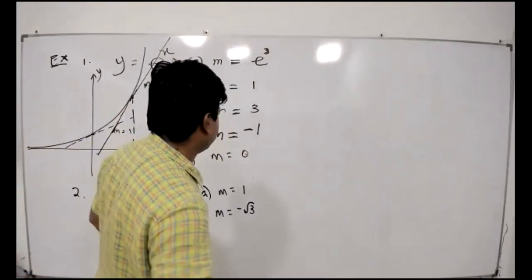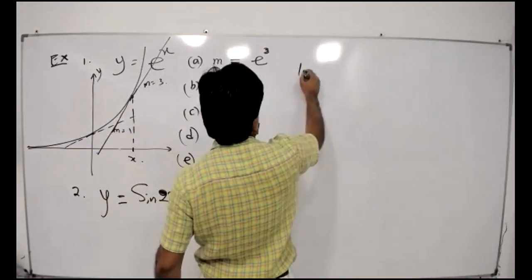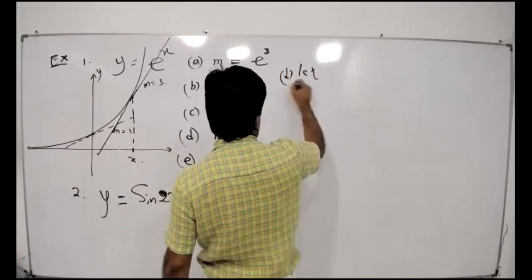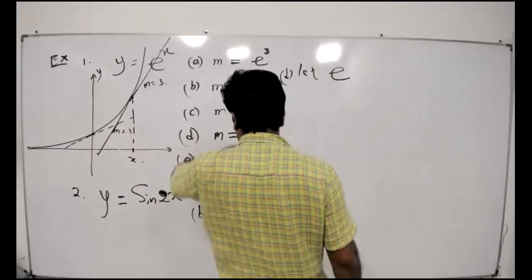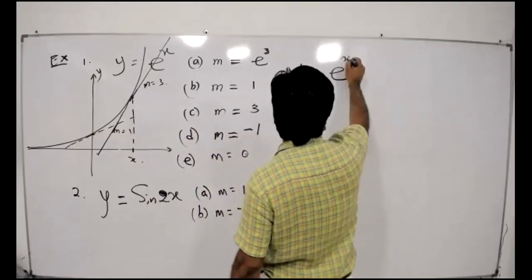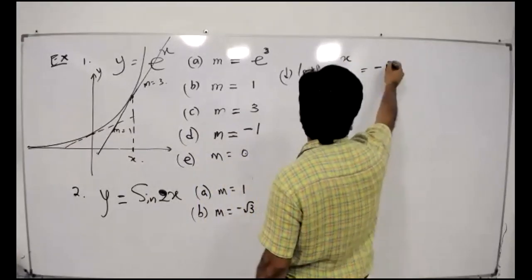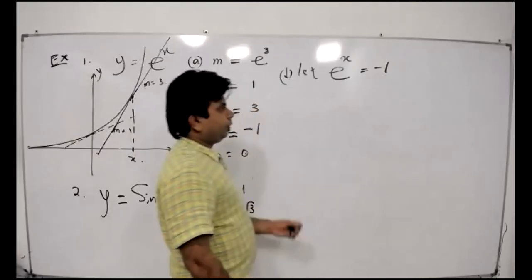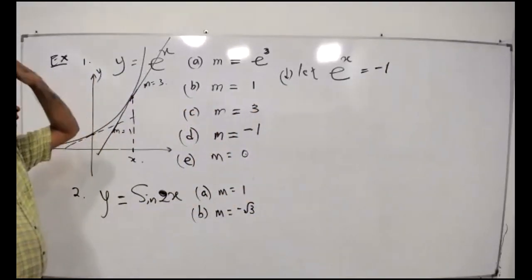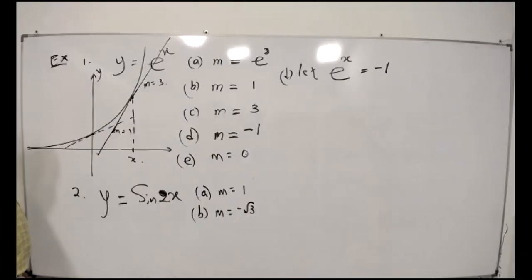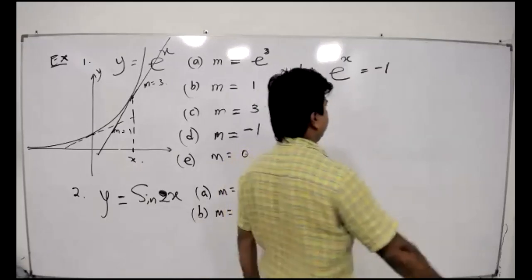Now, if you equate, let another part B be e to the power x equals -1. Here, e to the power x equals -1. You know that e^x equals -1 never exists because e^x is always positive.